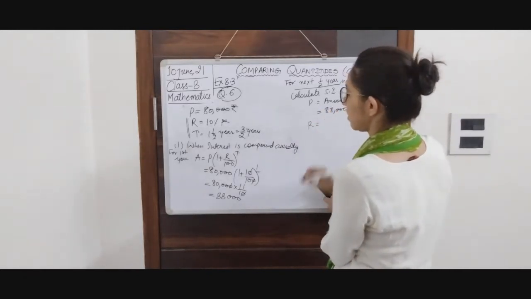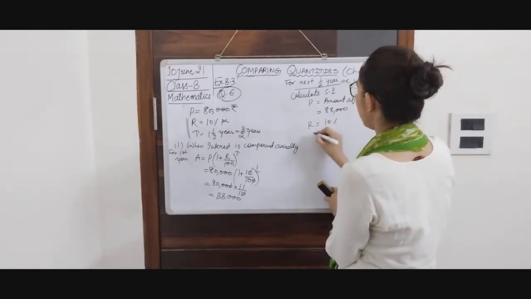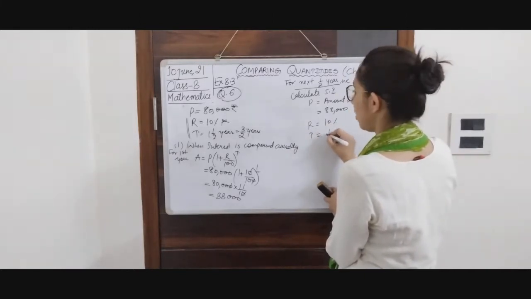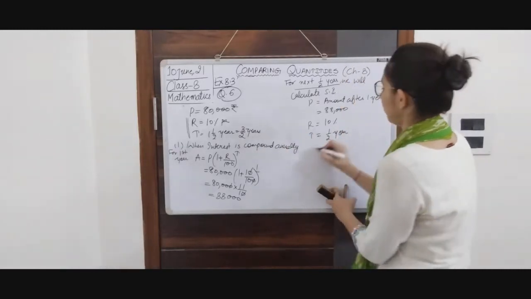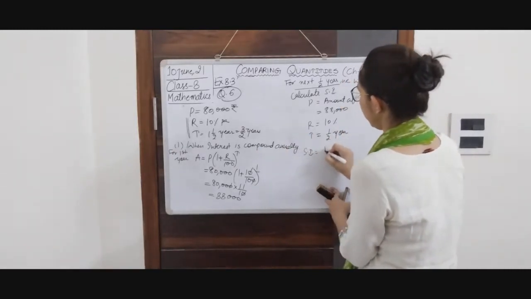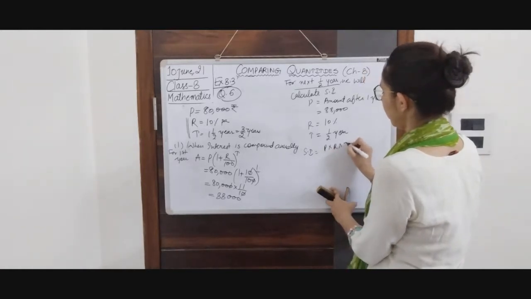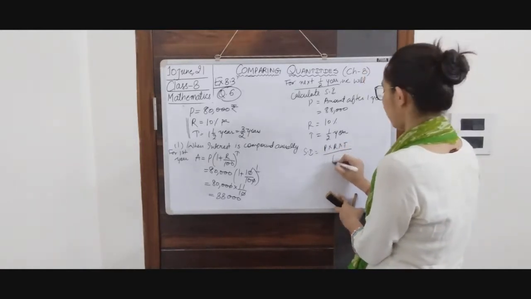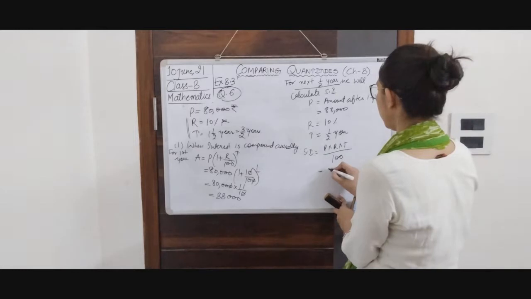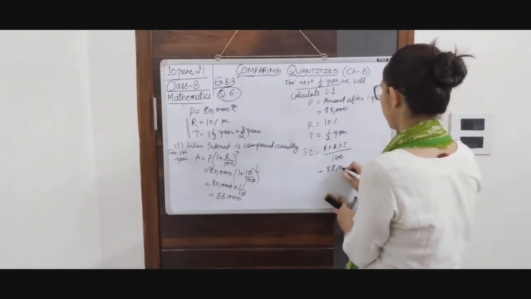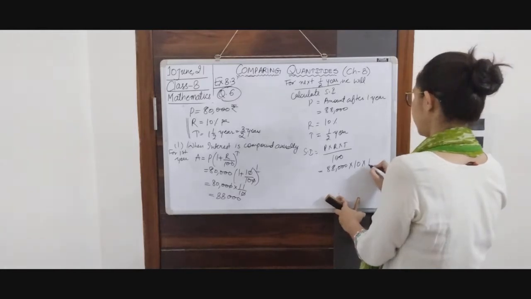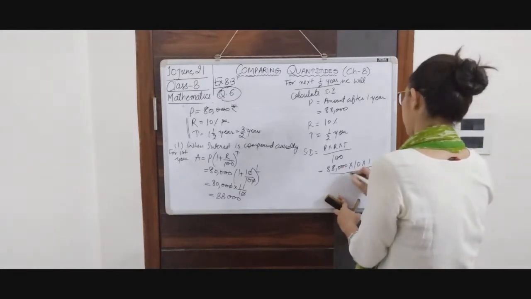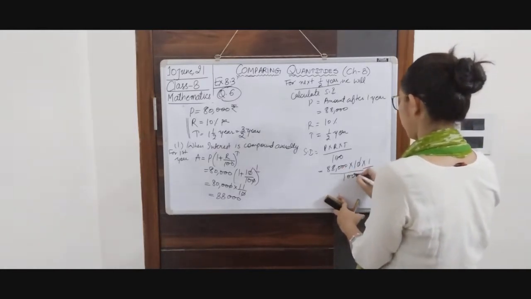R is 10% and time is 1/2 year. So simple interest will be P into R into T divided by 100. It will be 88,000 into 10 into half by 100.